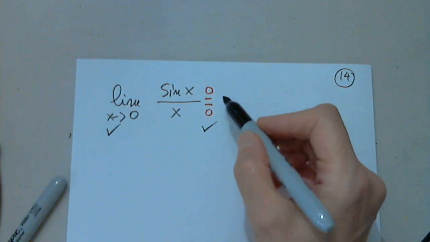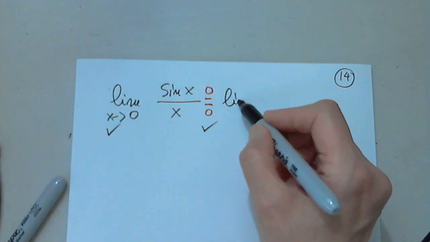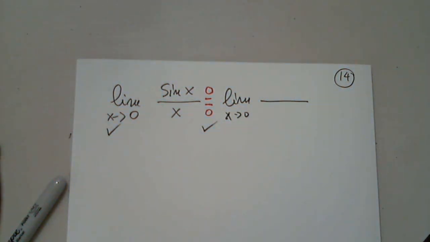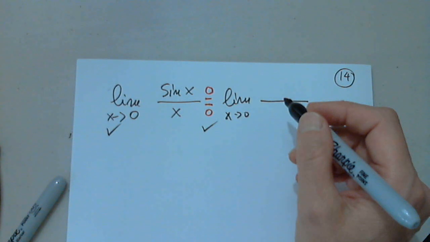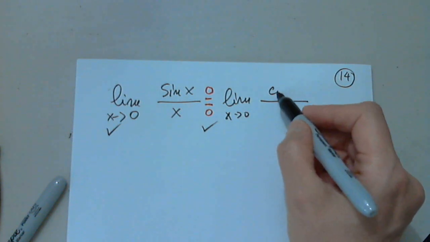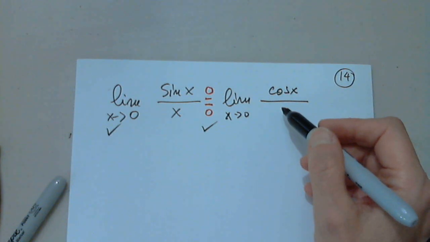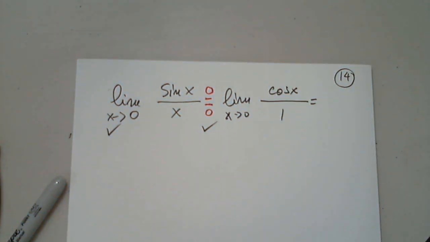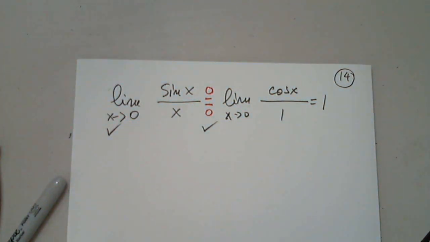This and this are both hypotheses. It's a limit, and it's 0 over 0. Limit as x approaches 0. Can anyone give us the derivative of the top? Cosine. Yes. Can anyone give us the derivative of the denominator? 1. That's it. Plug it in and tell me what is the limit. 1. Exactly. So this was a perfect example, right?